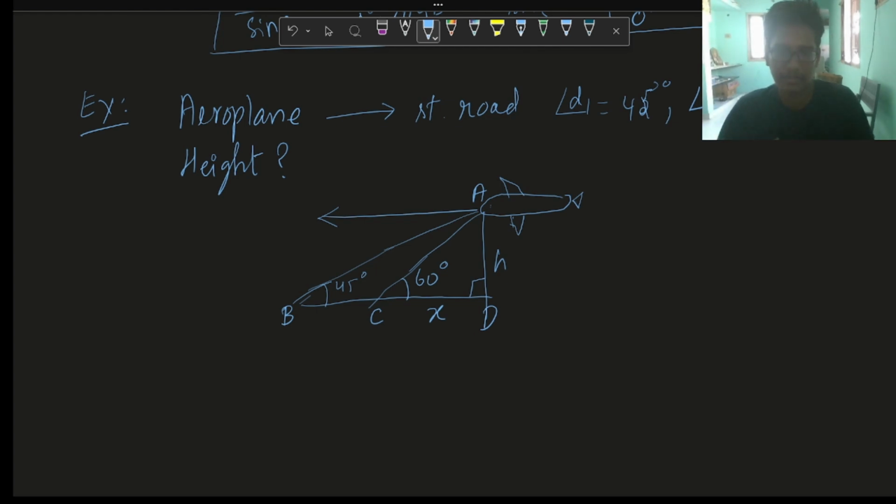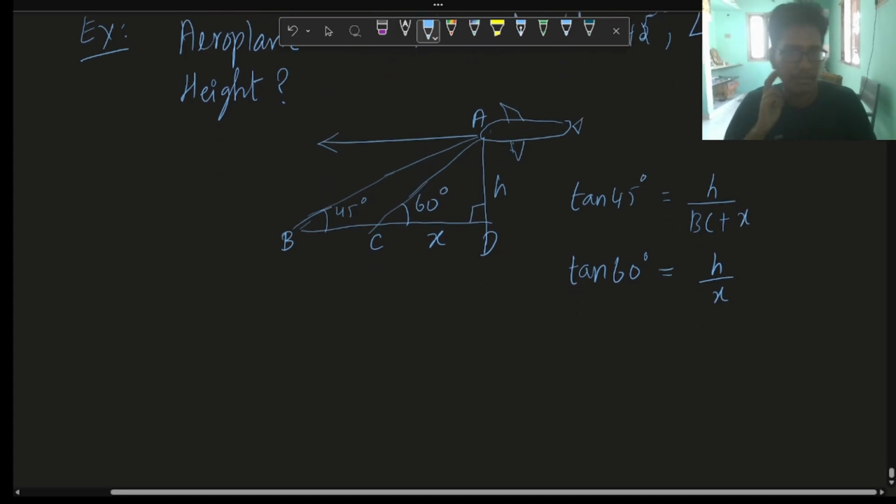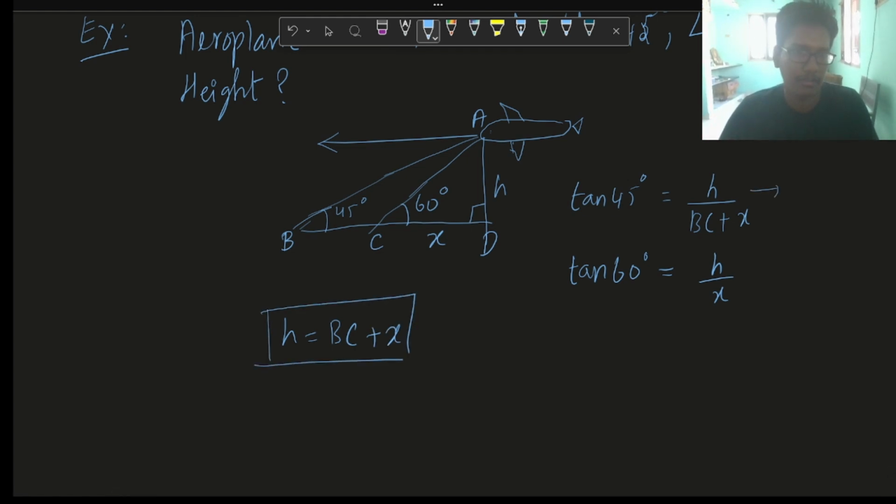So from this, we can write tan 45 is equal to H divided by BC plus X. And same way, tan 60 is equal to H divided by X. While evaluating, we would get H is equal to BC plus X from this tan 45.